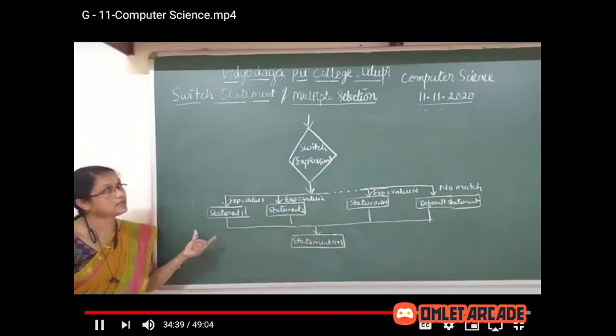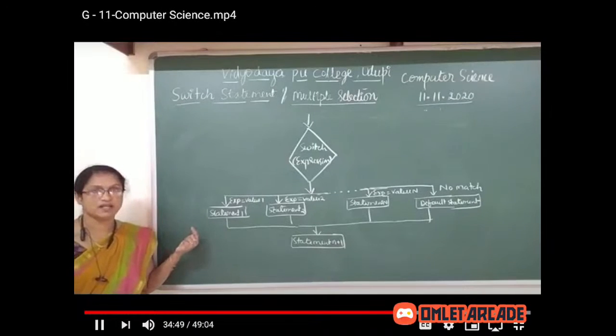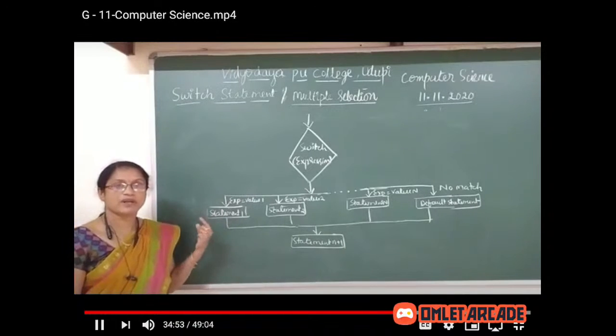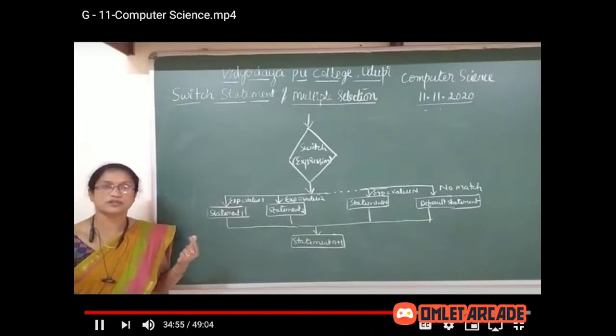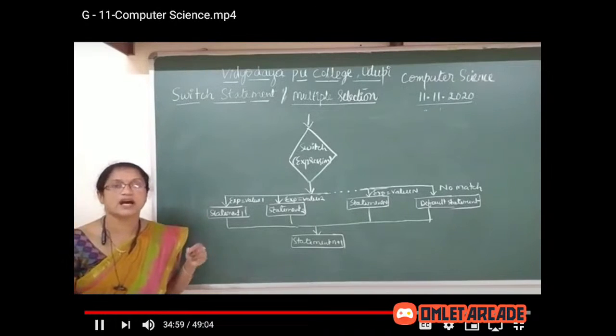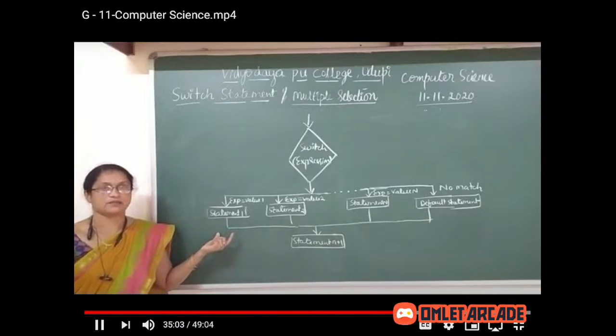So this is about switch, or multiple selection. If else is also called multiple way branching, but switch is for more than one selection. When there are many alternatives, it is not practical to use if else if statements, as it increases the complexity of the program.